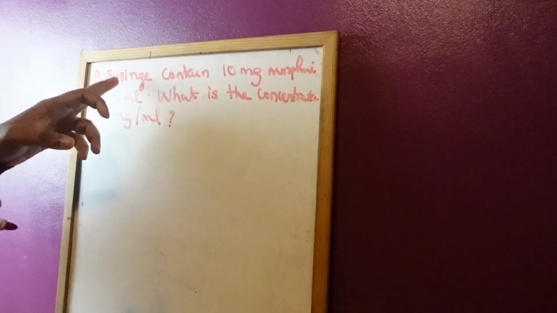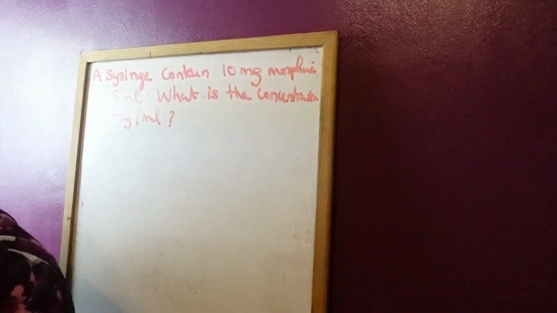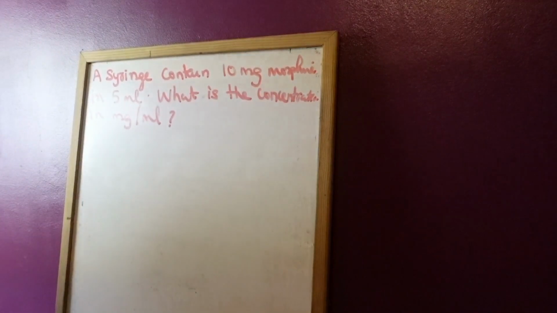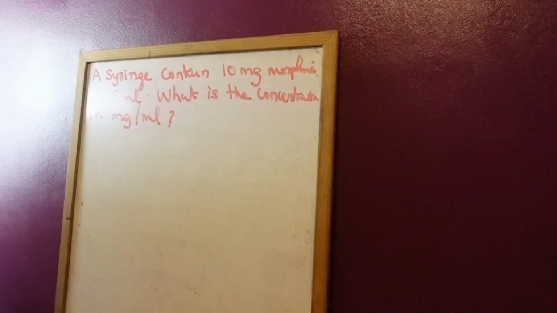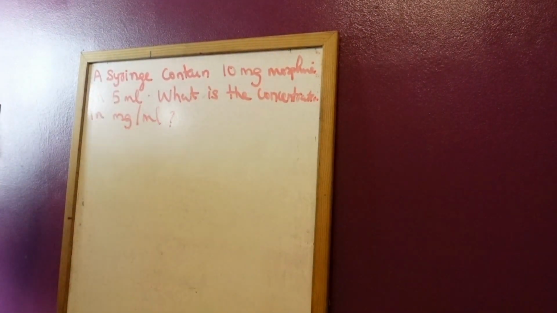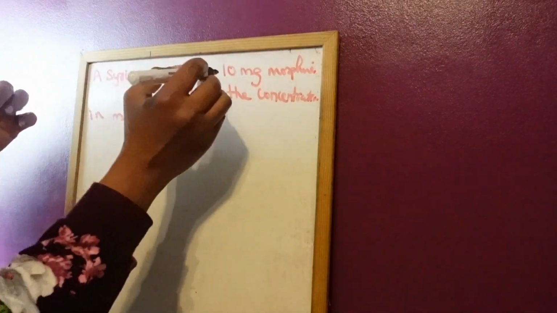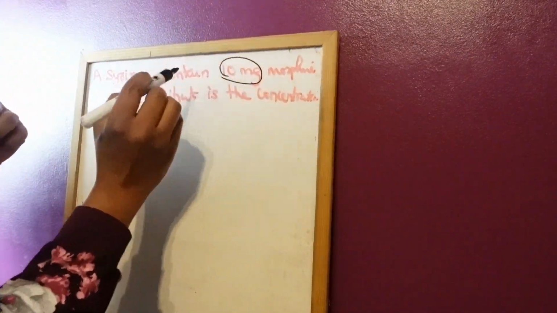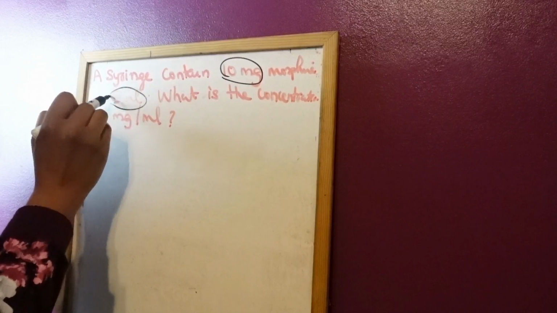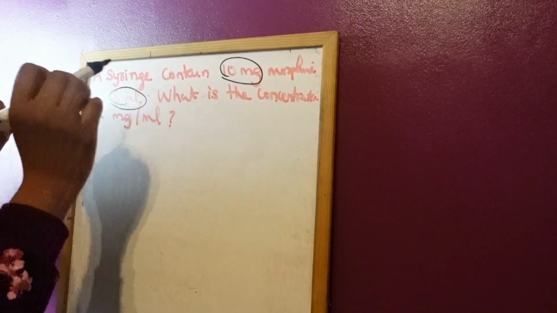Another question. A syringe contains 10 milligram of morphine in 5 ml. What is the concentration in mg per ml? That's the question. So 10 milligram of morphine dissolved in 5 ml of normal saline. What's the concentration?